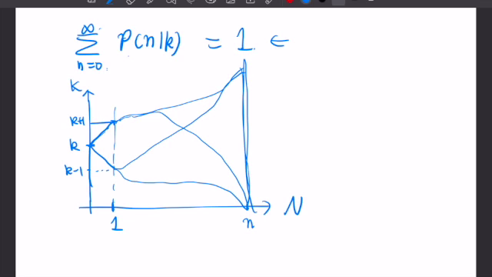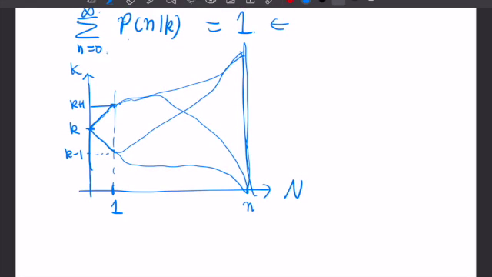Anyway, this conditional probability P_n given k can be split into two parts, depending on the result of the first play, either win or lose. And in either case, after winning or losing the first play, there are n minus 1 plays left.